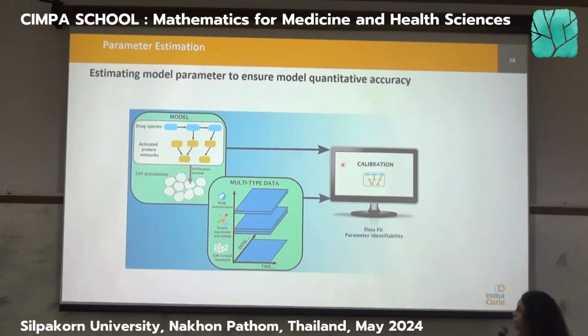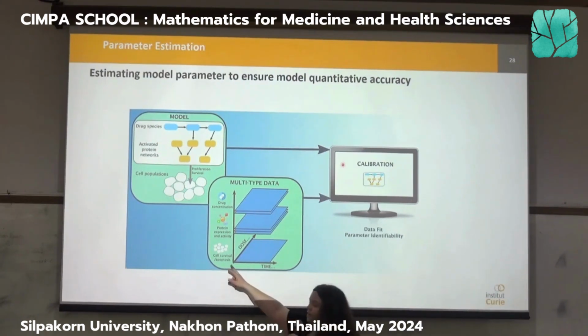Here I put drug concentrations, protein concentrations. For instance, in pharmacology I'm interested in the target concentration. And also you can have data about the number of cells which survive the treatment.